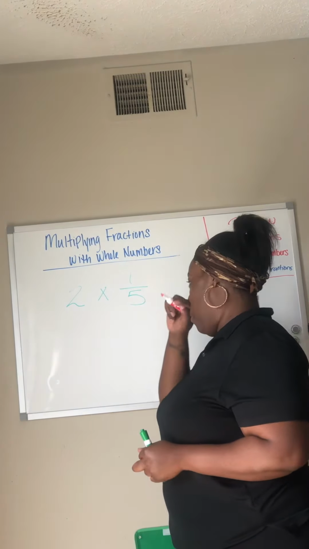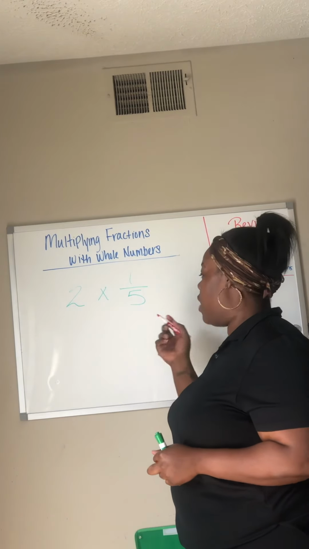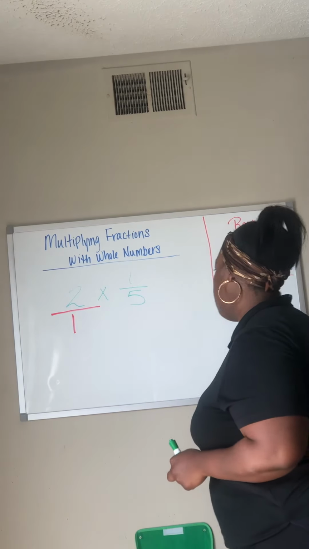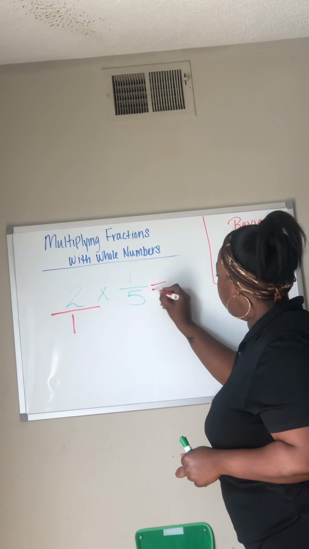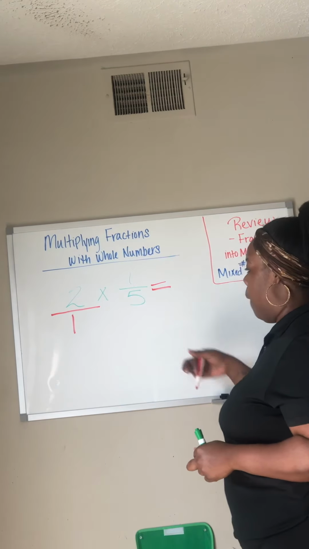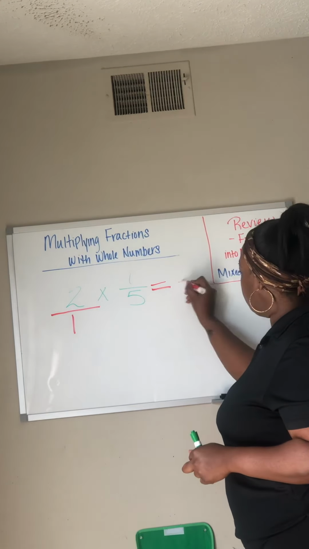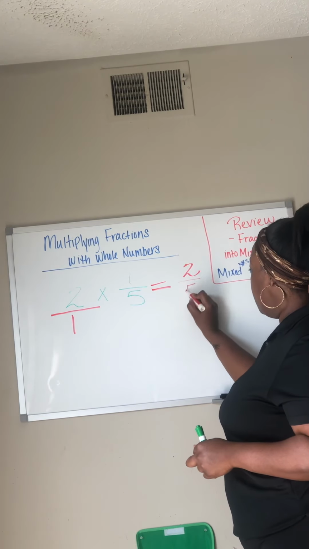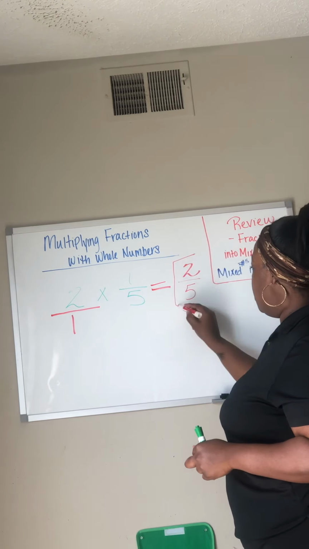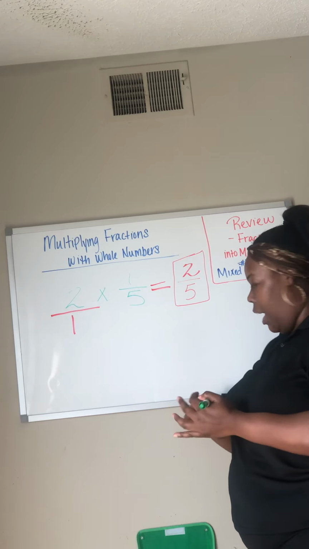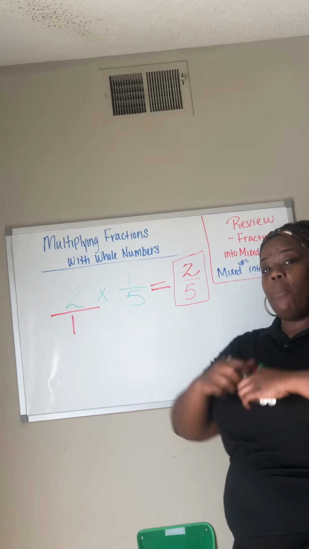Whole numbers with fractions are going to be over 1. When we have figured out the fraction for that whole number, we are going to multiply straight across. 2 times 1 is 2. 1 times 5 is 5. Easy peasy, simple.